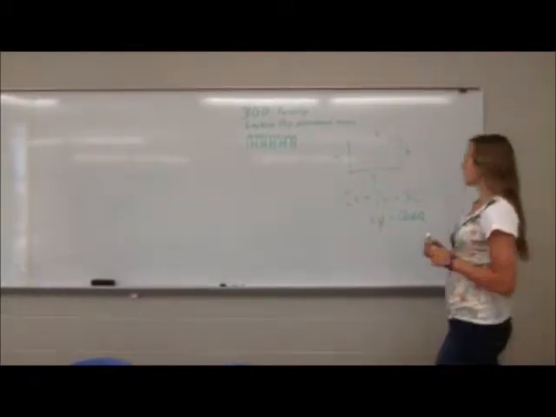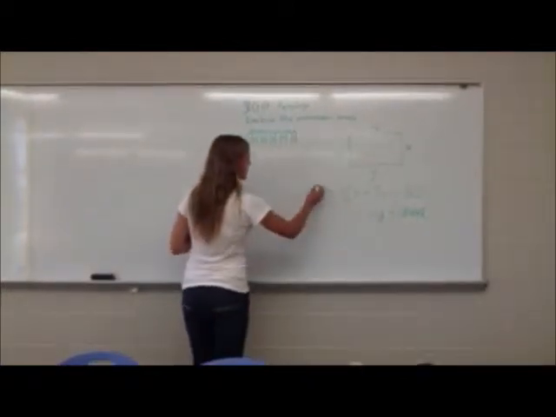Next, the two equations must be related. Using the equation 2x plus 2y equals 30, we can solve for either one of the variables and then plug into the area formula.